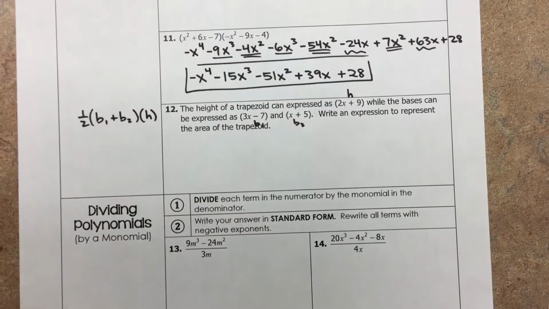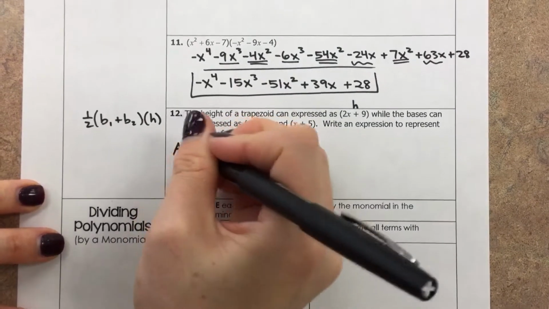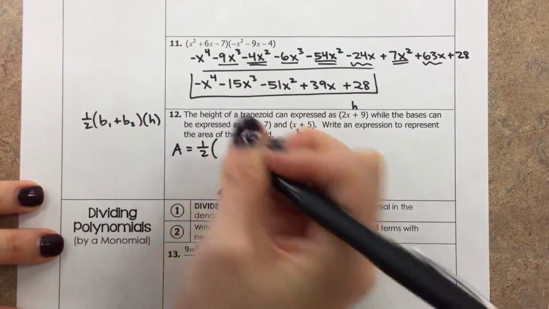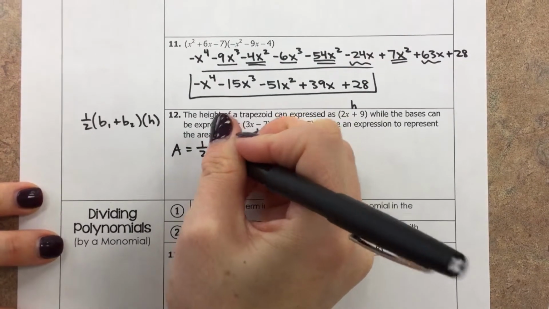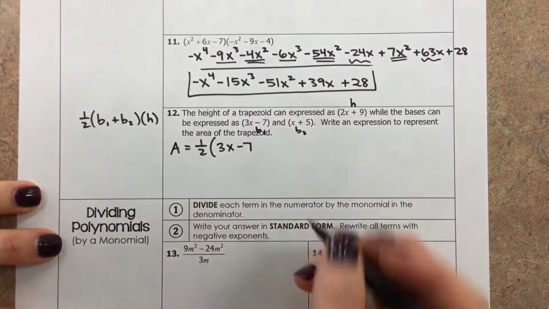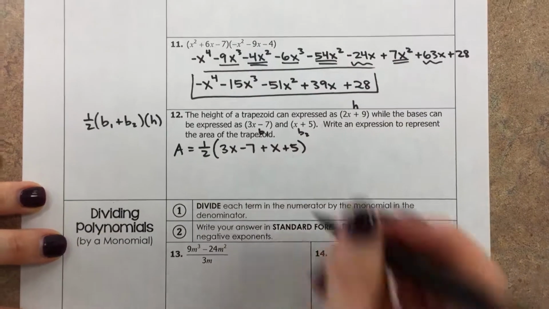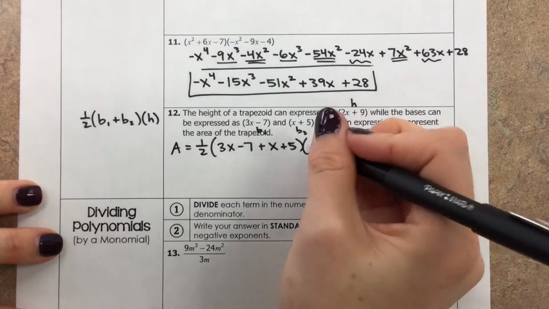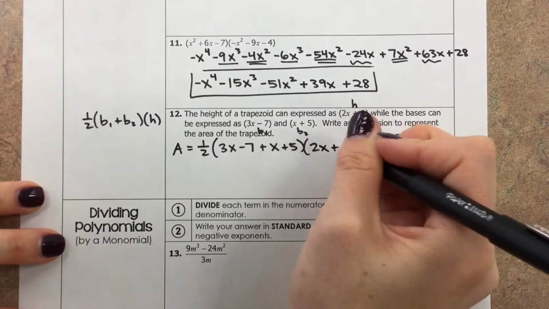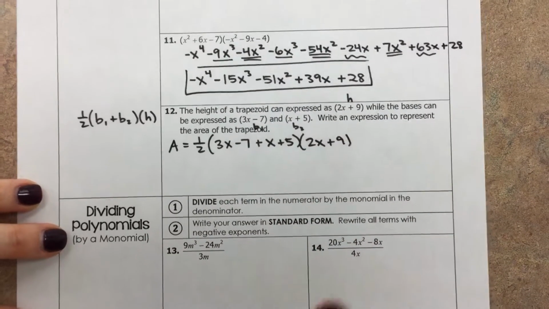So we can put all our pieces together. So the area is 1/2 times the sum of the bases. So the first base was 3x minus 7, and I add that to x plus 5. We'll combine those in just a second. And then multiplied by the height, which is 2x plus 9. So combine everything up here.